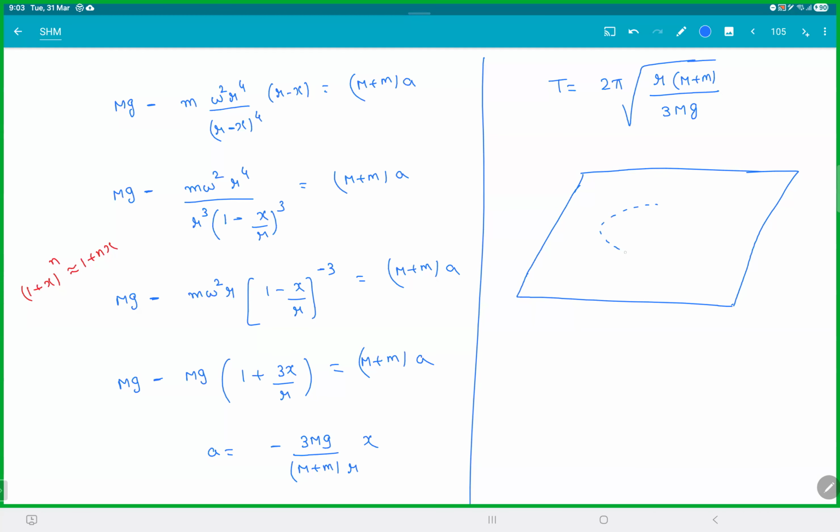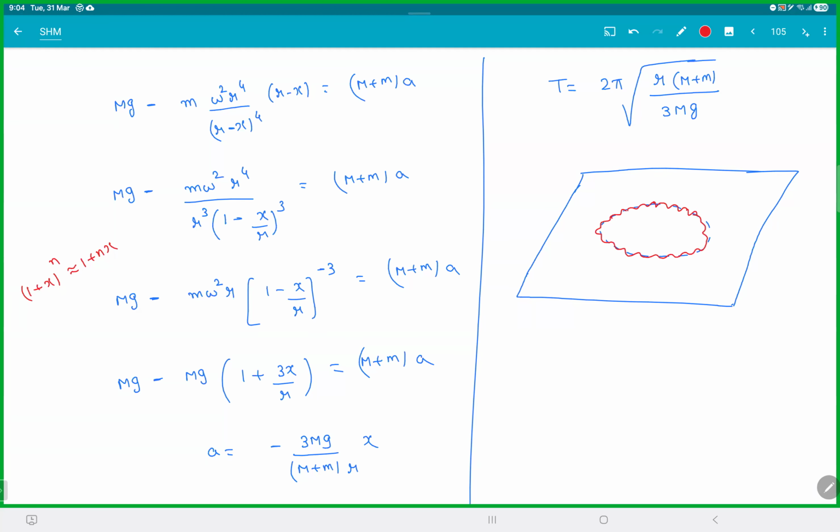So this was the circle. So this will have small oscillations like this. There's a technical name called perturbations. So this is how it would oscillate. It has very small oscillations there.